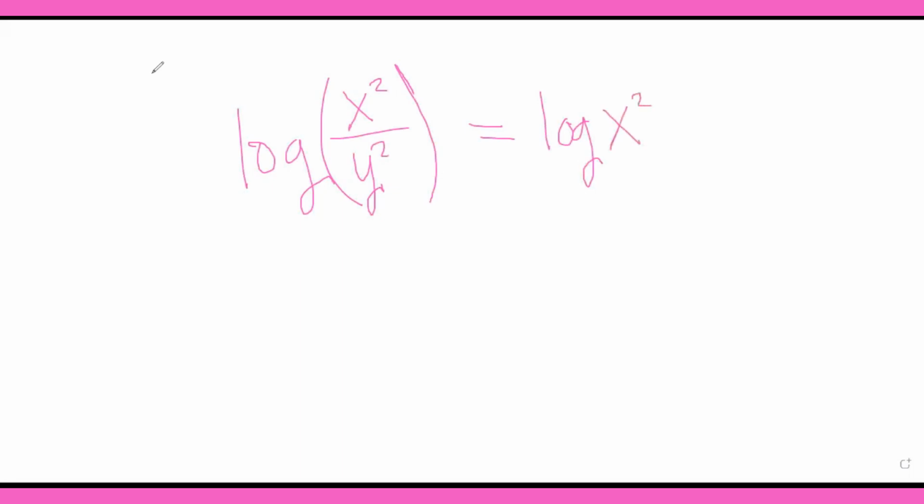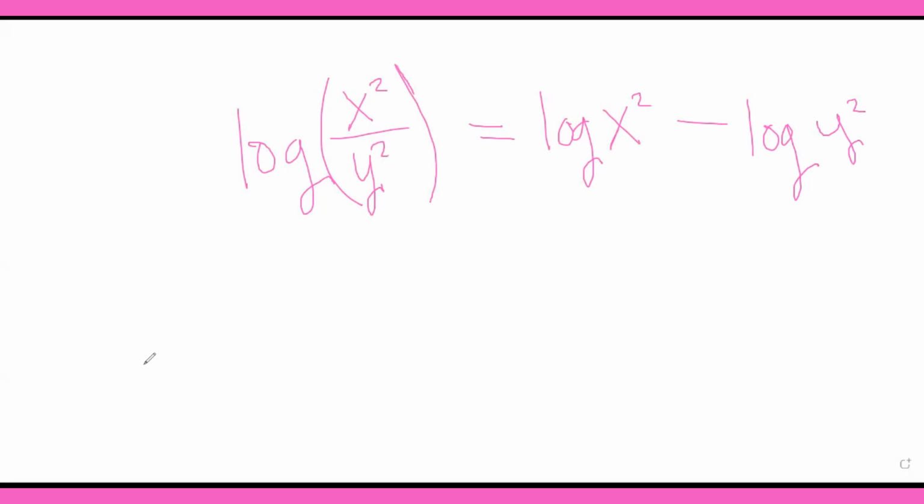So I have my top, minus, and I have two logs. So I'm separating, expanding into two logs. Log of y squared, that would be my bottom. So when we're dividing, we're subtracting. When we're multiplying, we're adding. Very similar to exponent rules.